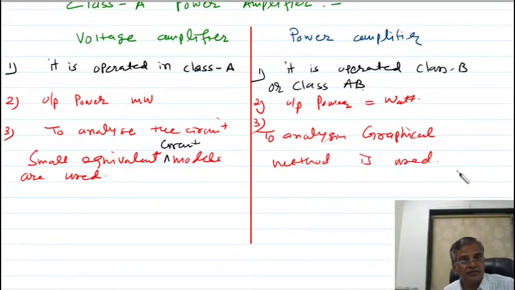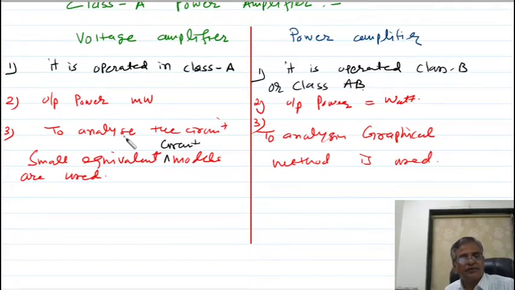Now you may have a question: what does analysis mean? Analysis means, for an amplifier, I want to know its voltage gain, its power gain, input resistance, output resistance, bandwidth, noise, distortion.